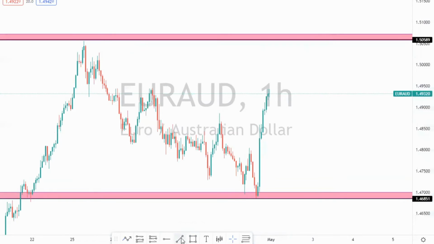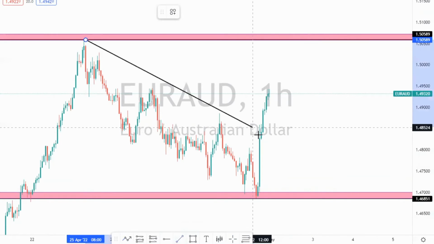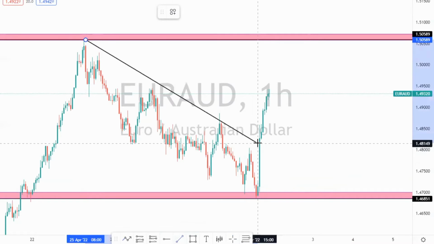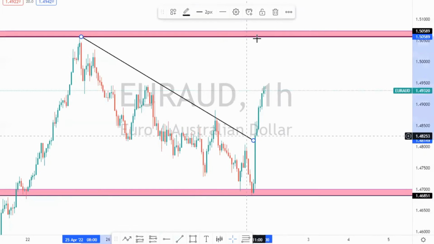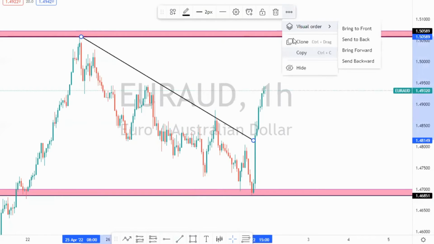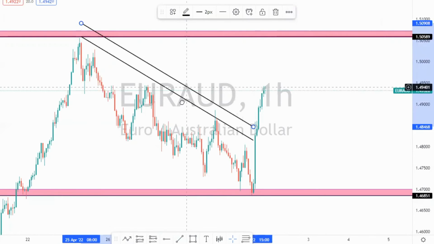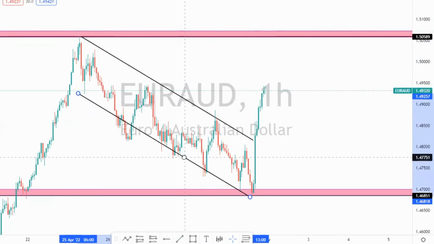So let's identify our correction. I can see that the market was actually correcting to the downside. So I'm going to close my resistance channel and do the same for my support channel, right?